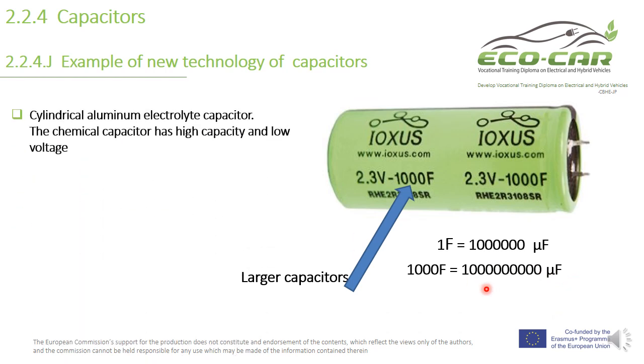So cylindrical or electrolytic capacitors, the chemical capacitor, have very high capacity and low voltage. You see here, this is low voltage but high capacitance.